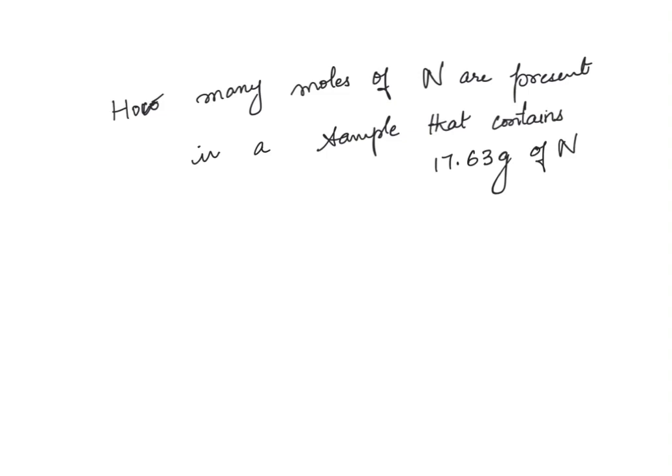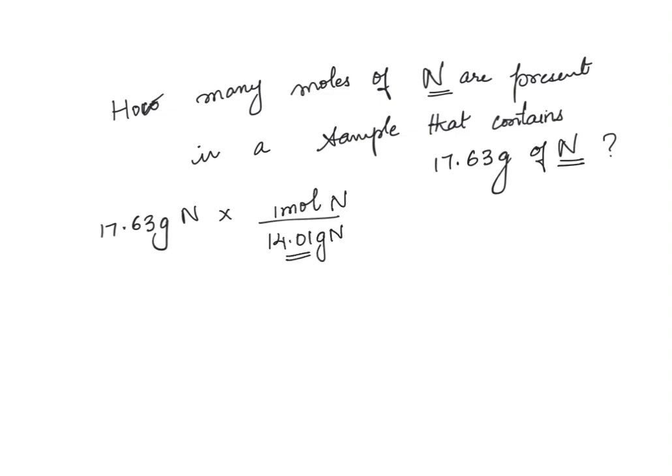Please note that here the question says N. Sometimes they might not say N, they might say N2. It's based on the question, and I will show you both situations. So 17.63 grams of nitrogen, how many moles? Remember in the previous slide we talked about this. 14.01 grams of nitrogen has 1 mole of nitrogen. And where did I get this 14.01 grams from? From the periodic table. So grams of nitrogen, calculate to get moles of nitrogen.